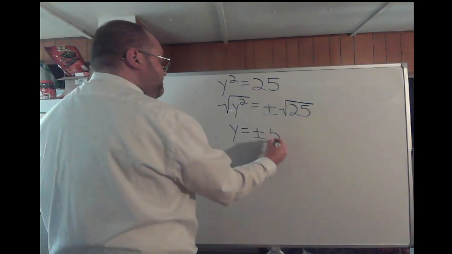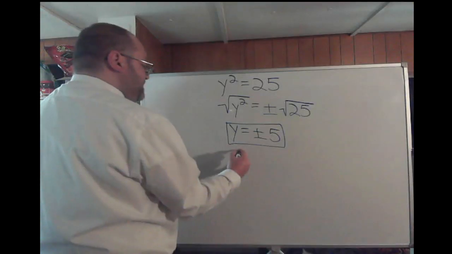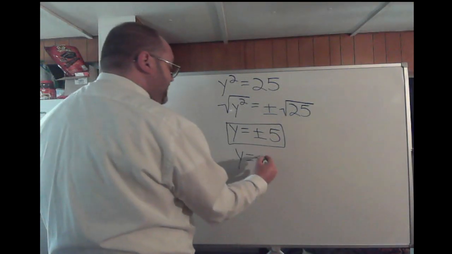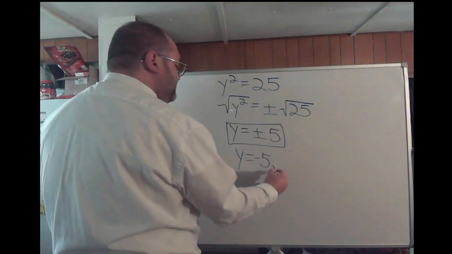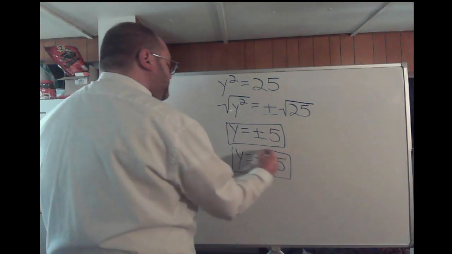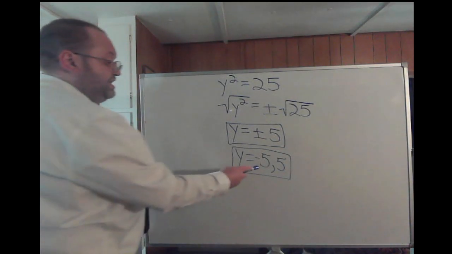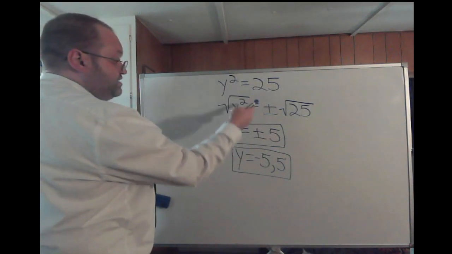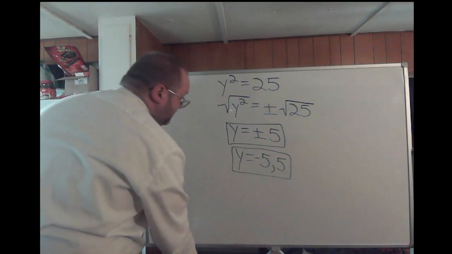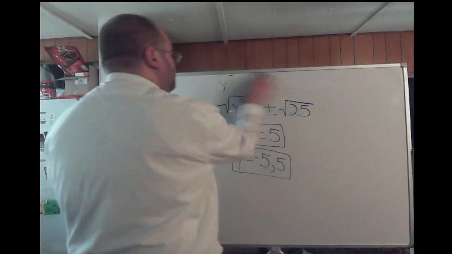Well, that's 5. So y equals plus or minus 5. Or you can leave it how we have it, or you can write y equals negative 5, comma 5. Either way, the answer is acceptable. And if you plug negative 5 in for y, you'll get 25. If you plug positive 5 in for y, you'll also get 25. So your solutions to this are negative 5 and 5.